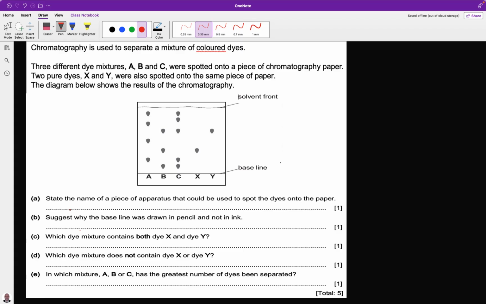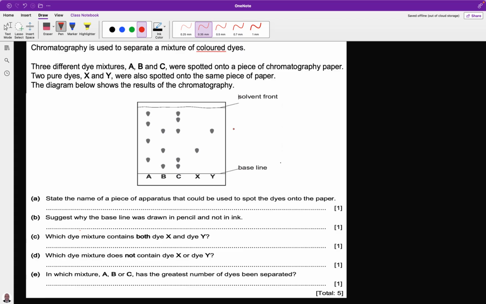Ink has many colors present in it. It could be blue, it could be red, it could be yellow. They have a mixture of other colors. So ink will dissolve, and when ink dissolves, ink will undergo chromatography.